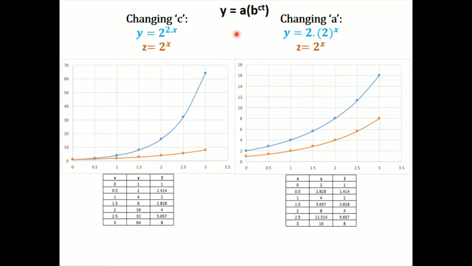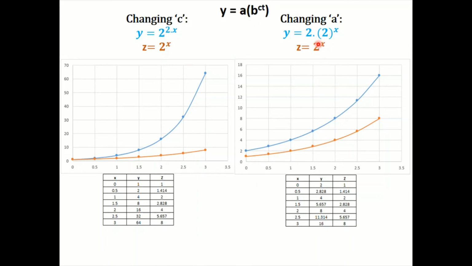Looking at this slide, we show what happens to the position of the exponential graph when we change the value of c and a. We're still working with this exponential function here, and we have kept the base the same for all of these functions. The base is set at 2.